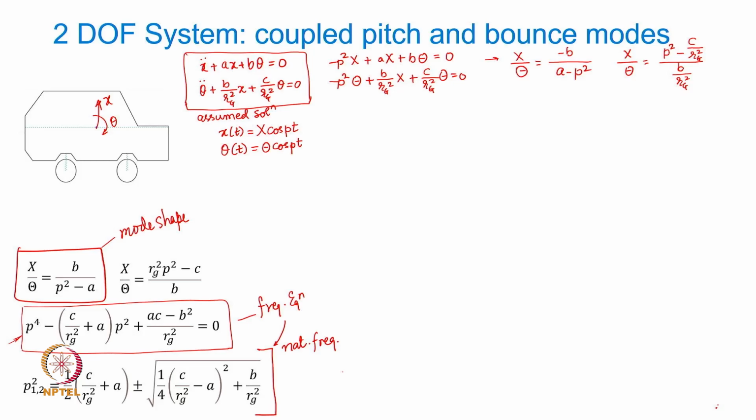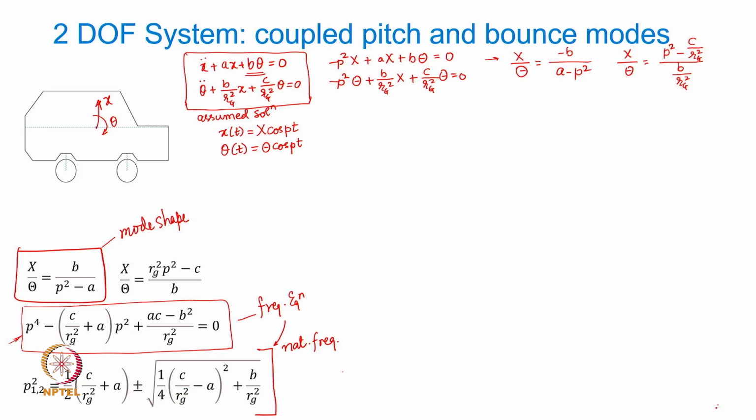Now what is important is we have not assumed b to be 0, which means that b being non-zero, the two equations define the coupled pitch and bounce motion. That means whenever there is a bounce, there is going to be a simultaneous associated pitch, and vice versa.